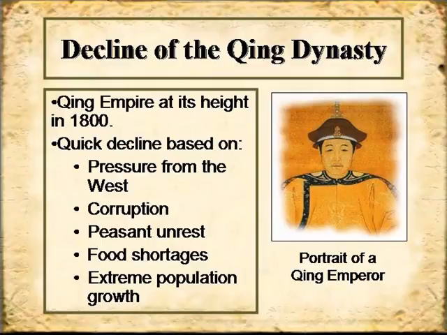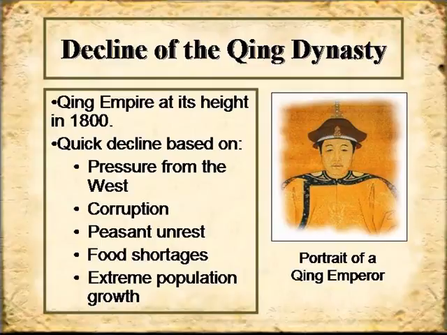Last time we looked at China, it was about 1800, and the Qing dynasty was at an incredible height. The empire was very, very powerful. It was a trading market that the European nations wanted to be part of, but very quickly it declines based on a number of factors. One is pressure from the West. Lots of people from nations from the West that are trying to compete for its products.